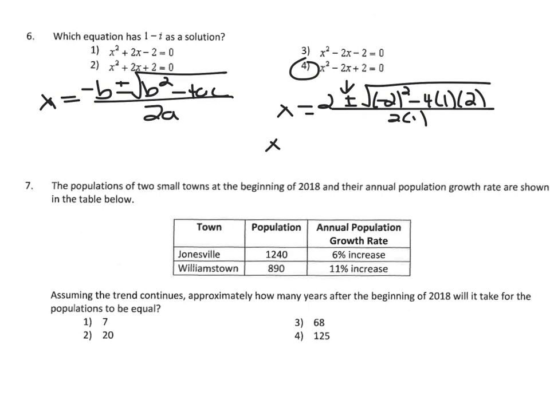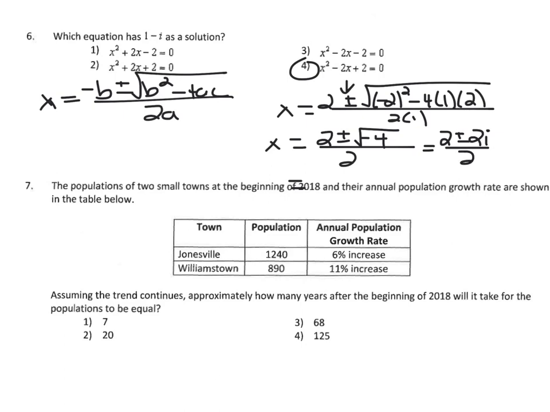All right, so we have x equals 2 plus and minus the square root of 4, positive 4, minus 8 would be negative 4, over 2. Okay, so then this is going to be equal to 2 plus and minus. Since the square root of 4 is 2, and the square root of negative 1 is i, the square root of negative 4 would be 2i.